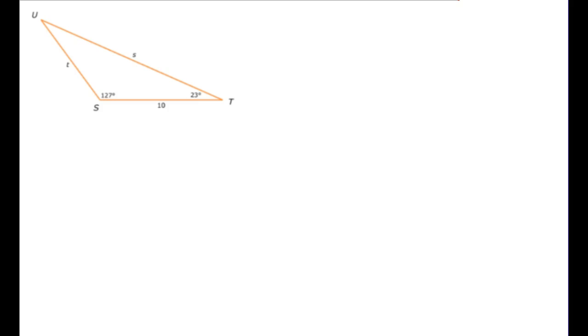First, since we know 2 of the angles, we can find the missing angle, which means the measure of angle U is going to be equal to 127 plus 23 is 150. 180 minus 150 is 30 degrees for the measure of angle U. Now we can go through and solve for, let's just say, side S. So if we're looking for S, that is opposite of angle 127.